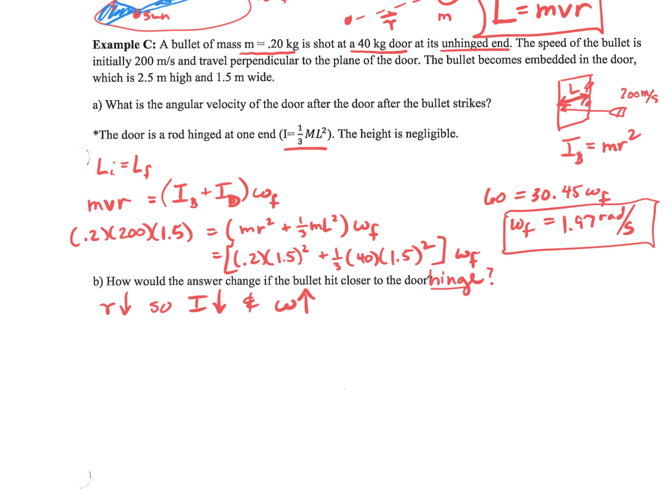So if the angular velocity goes up, the door swings faster. Okay? Take your notes and do your homework, all right?